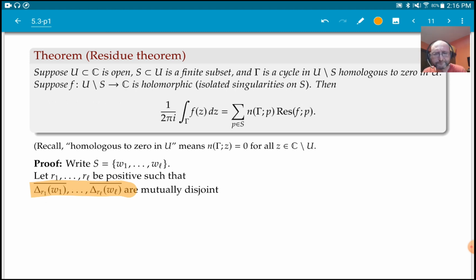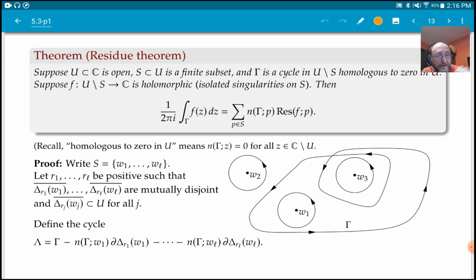So we have a little disk around each w, small enough that the disks themselves don't butt up against each other. We also make sure that the closed disks themselves are all in U, so they're inside U, including the boundary.